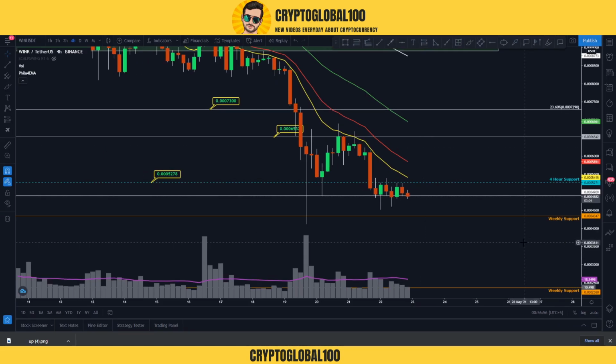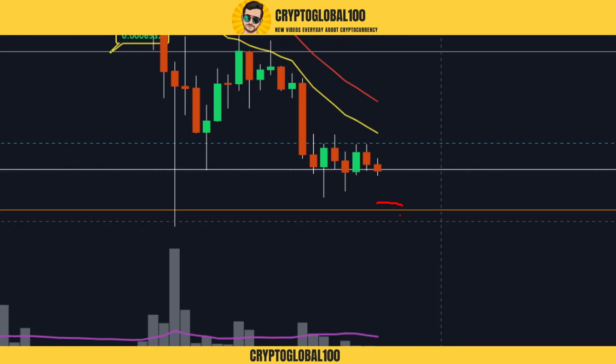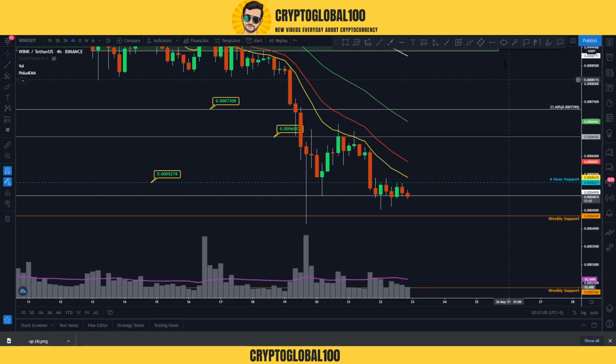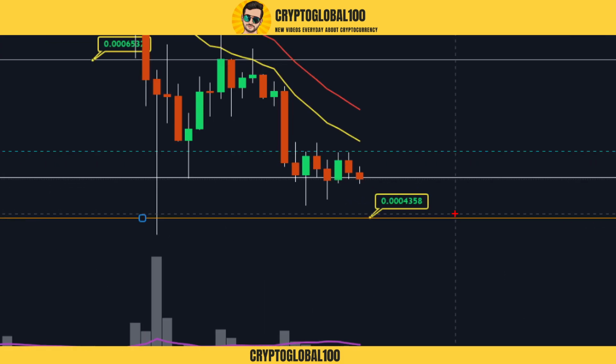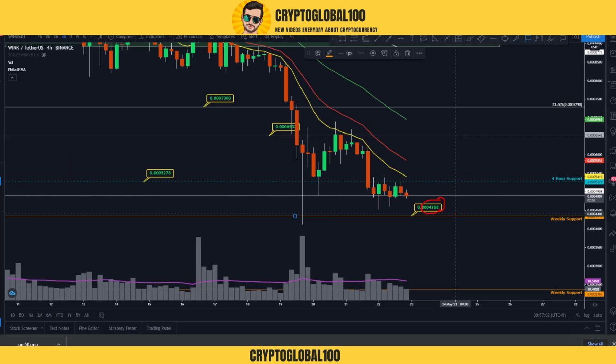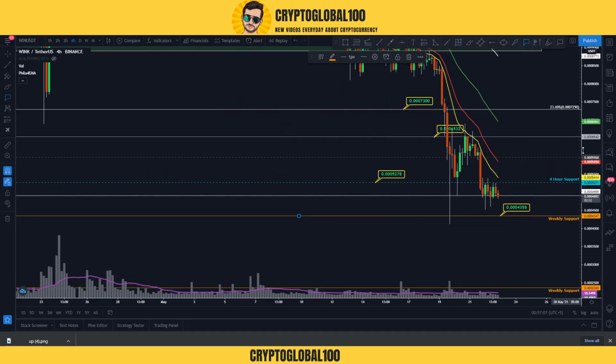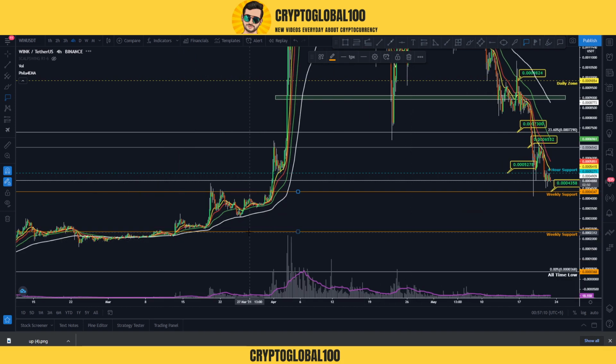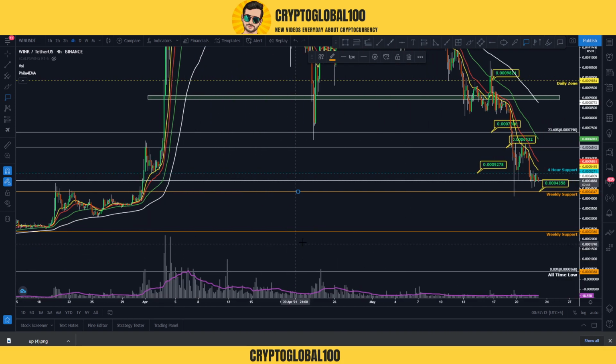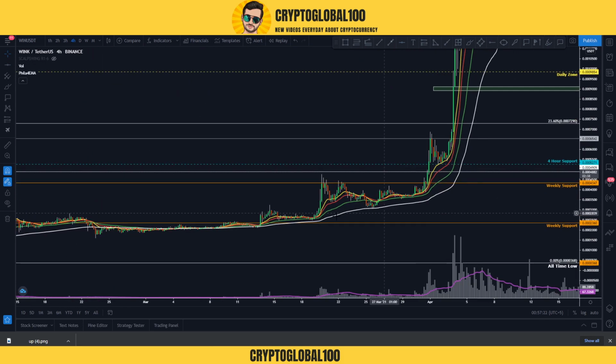So we can see a test of this weekly support level. I'm going to draw with this one. We can test the 43,000 zone. And after that we would be testing the next one. Let me draw the horizontal support here.